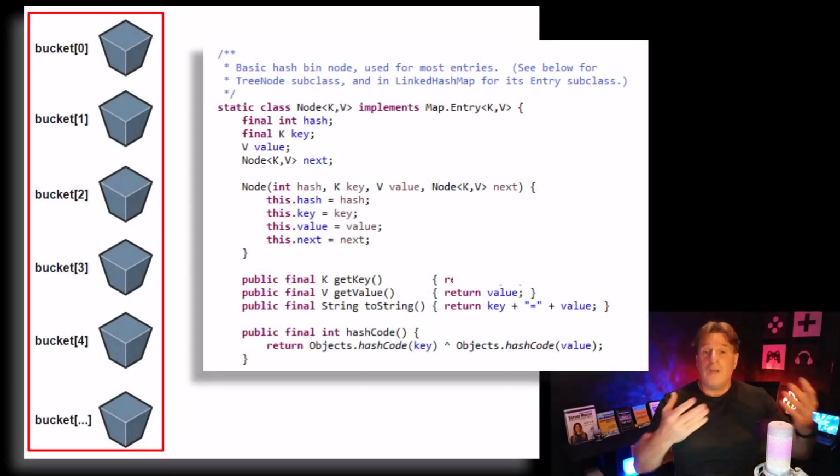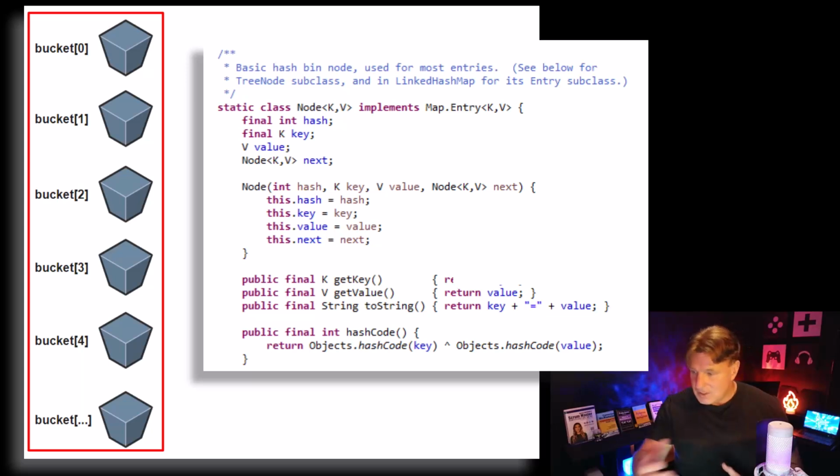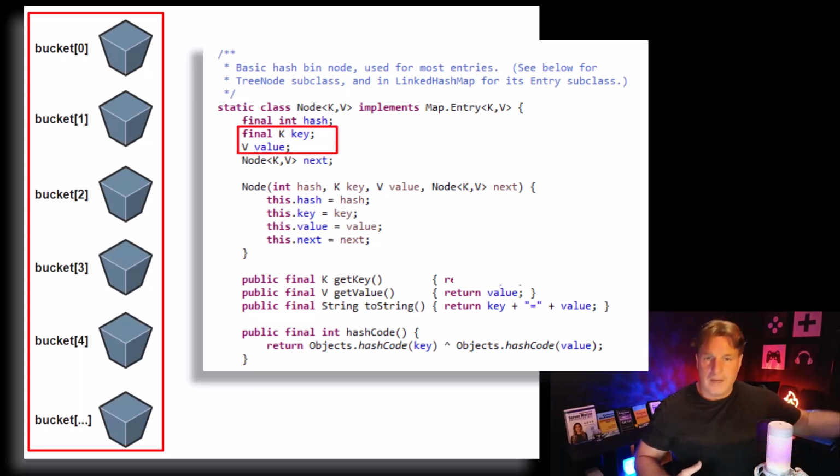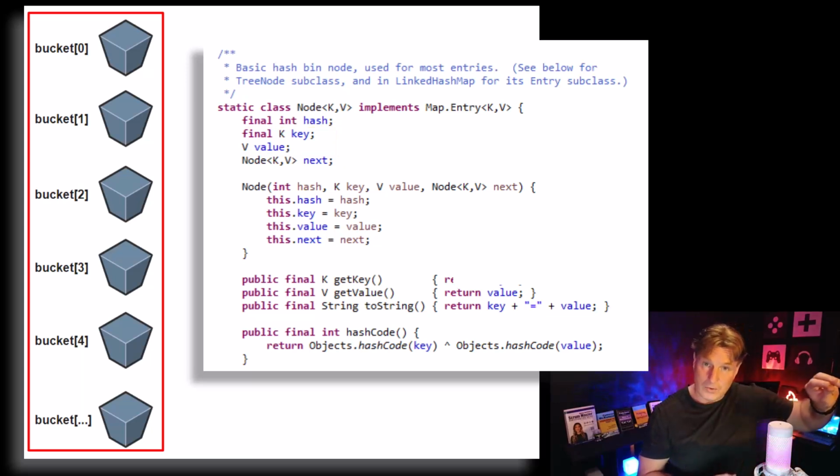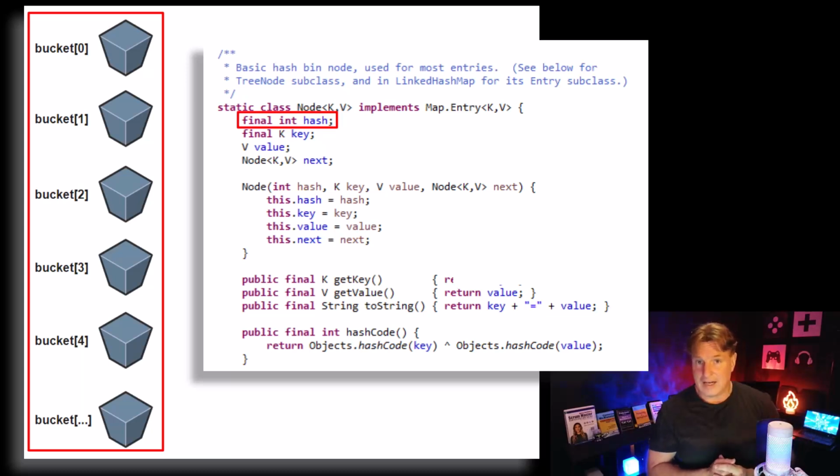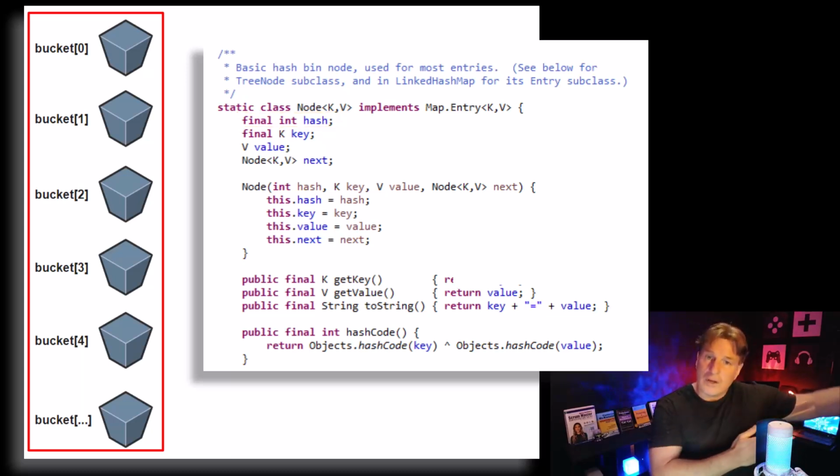Now, when you actually start adding objects into your hash map, what happens is the Java virtual machine will take a look at the key and the value. So, favorites.put movie Shrek. It will put movie and Shrek into this new node instance that it creates. It'll take a look at the hash code for movie, set that as the hash code, and then it'll take a look at your array.